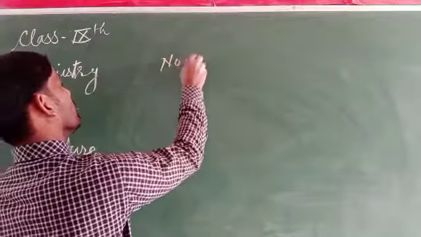So in this case only, the number of electrons is equal to the number of protons. Why? Because it is a neutral atom. In a neutral atom, the number of electrons is equal to the number of protons as well.